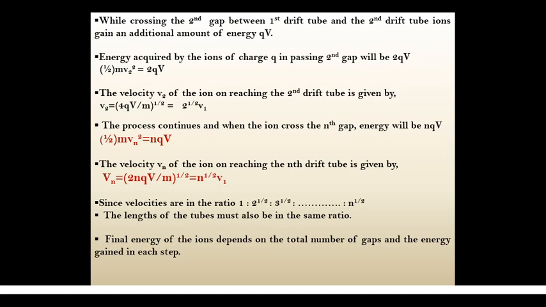Also, by changing the potential difference V to a higher value, the energy gained by the ion after passing each gap is qV, so if V is higher, the energy gained will be higher. So the final energy of the ions depends on the total number of gaps and the energy gained in each step.